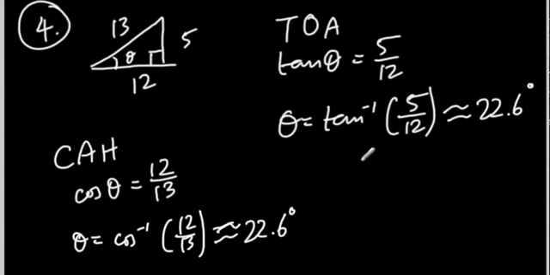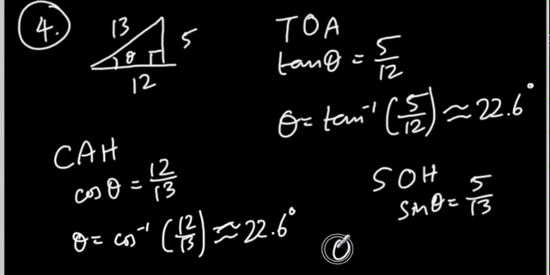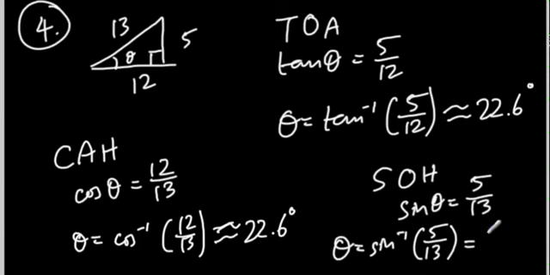And just for the last one, say you chose 5 and 13. 5 is the opposite, 13 is the hypotenuse. So in other words, sine theta is equal to 5 over 13. So theta is sine inverse of 5 over 13, which is also approximately equal to 22.6.